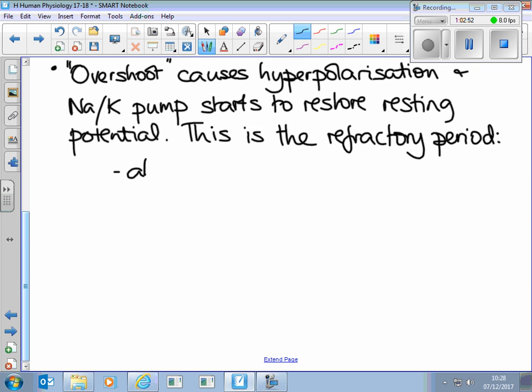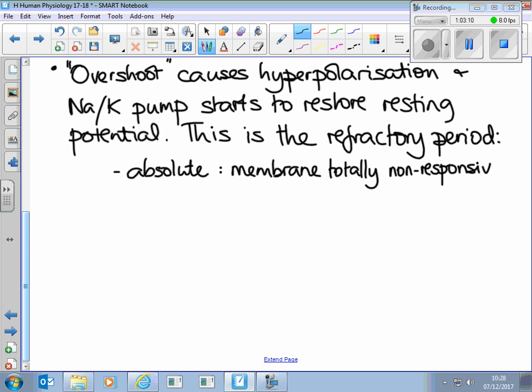You have the absolute bit, where the membrane is totally non-responsive. And then you've got the relative, where the membrane responds to strong stimulus.